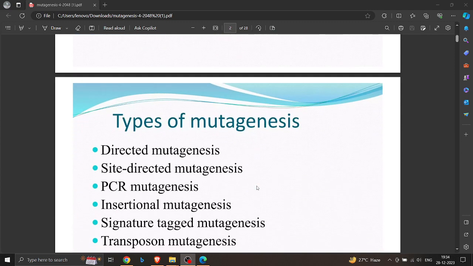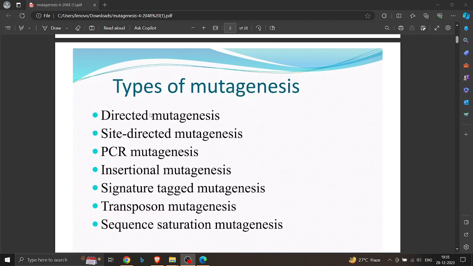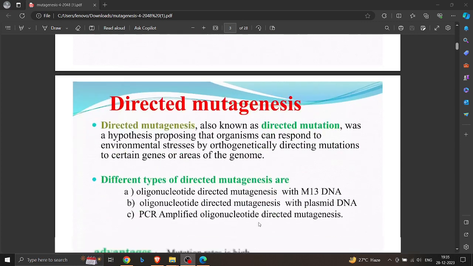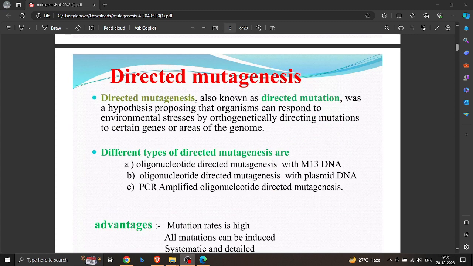So, there are different types of mutagenesis: directed mutagenesis, site directed mutagenesis, PCR mutagenesis, insertional mutagenesis, signature tagged mutagenesis, transposition mutagenesis, and sequence saturation mutagenesis.